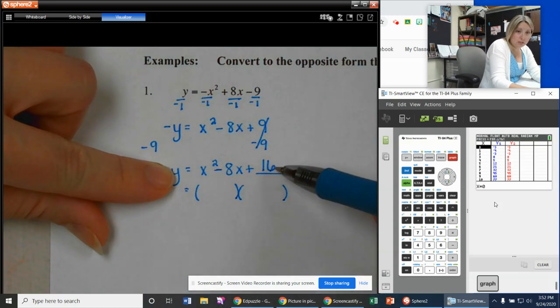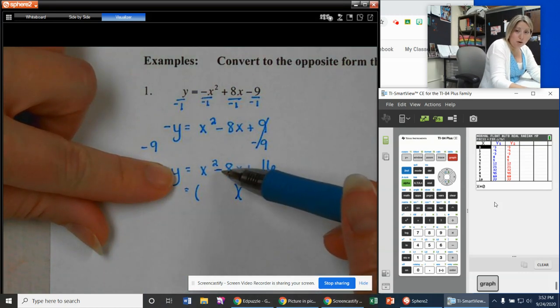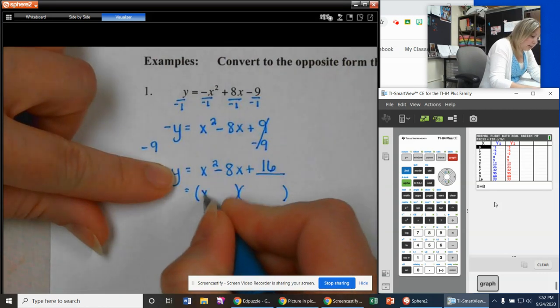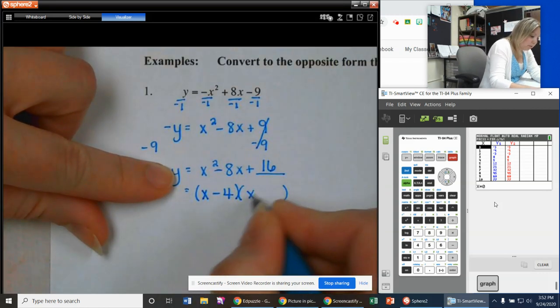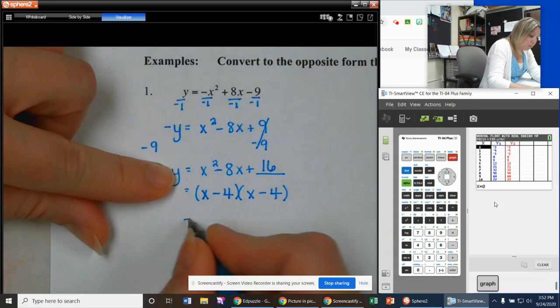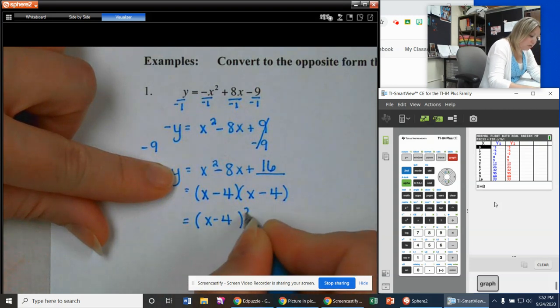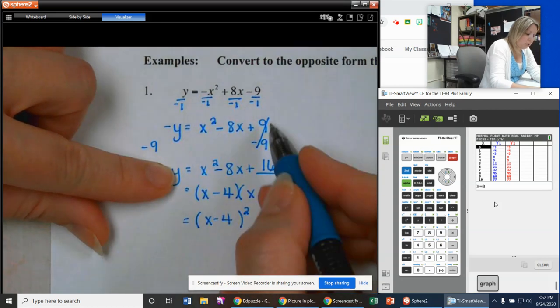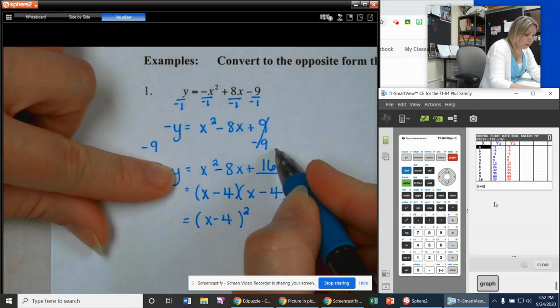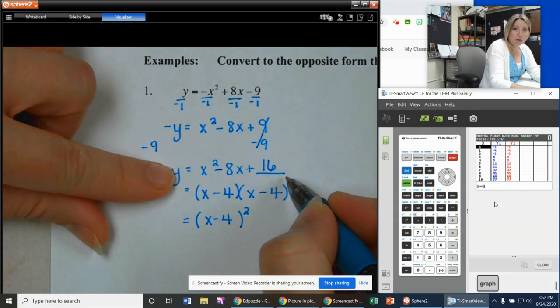The factors of 16 that add to give me 8 are 4 and 4. And since 8 is negative in the middle, they're both a negative 4. So since these two binomials are exactly the same, they get written as one binomial squared. And that is the whole point of changing the sign, moving this over, and making this a perfect square trinomial. That's the whole idea.